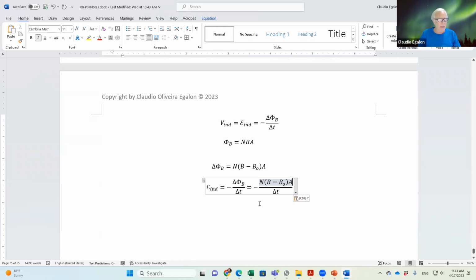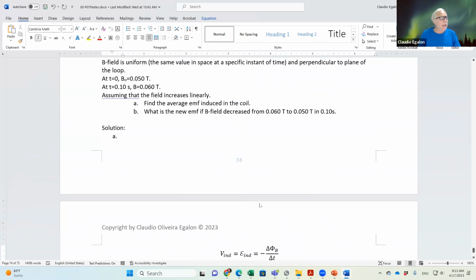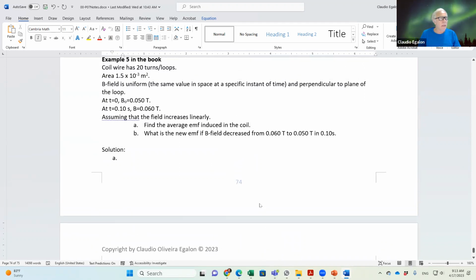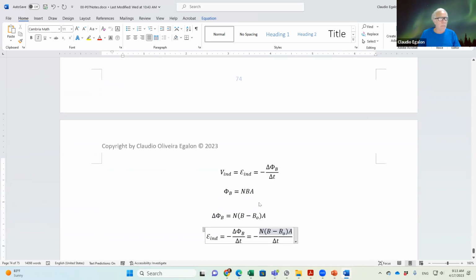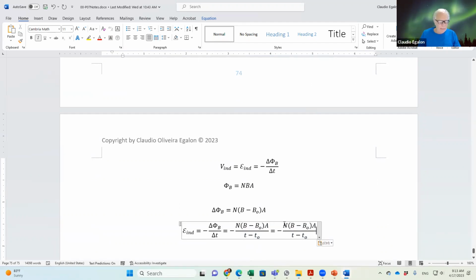Okay, cosine of phi, for phi equal to 0, the cosine is going to be 1. And delta t is going to be t minus t naught, right? T naught is 0. And that's what we get for that. And then you got to put the numbers here.